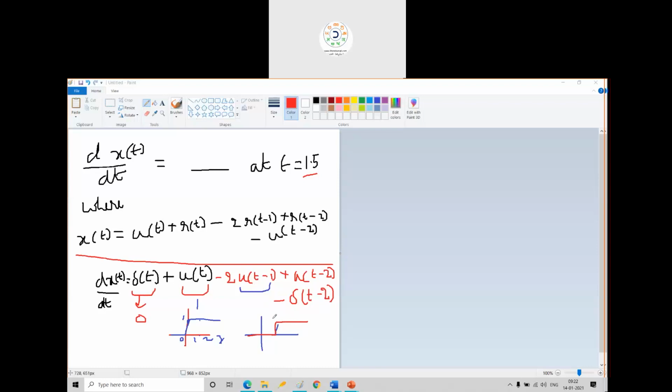So at 1.5 its value will be 1 again, and the minus 2 is there. So the overall value will become like this.